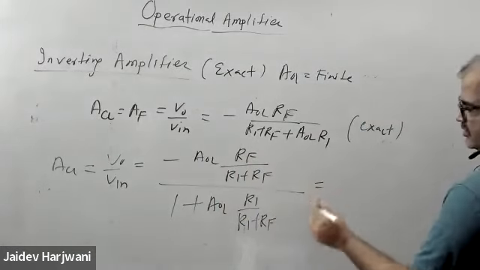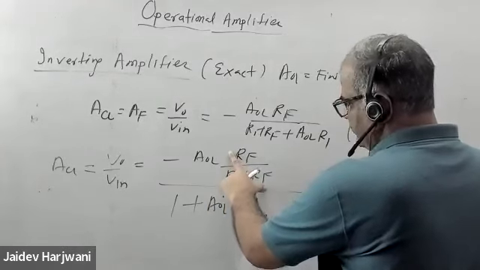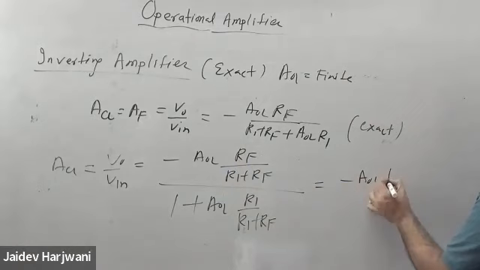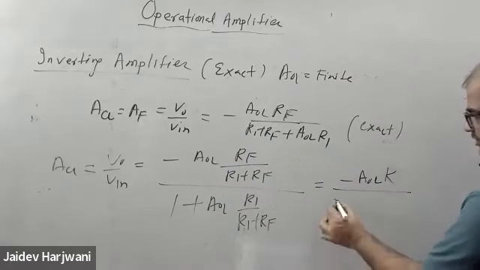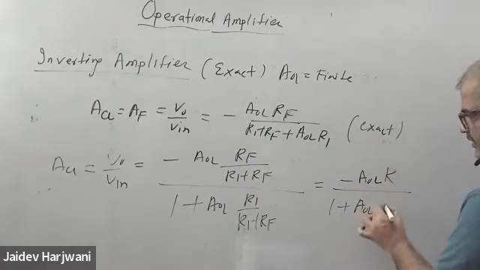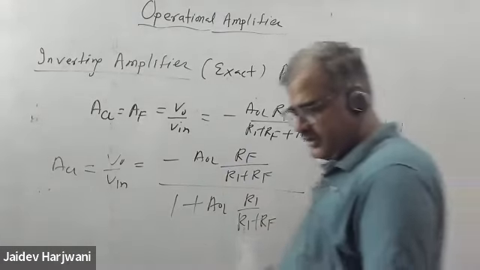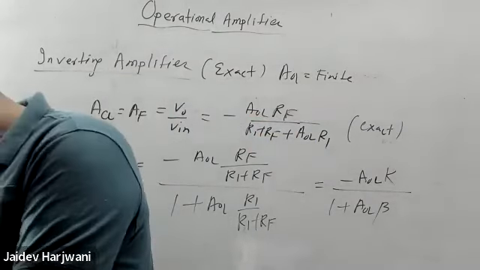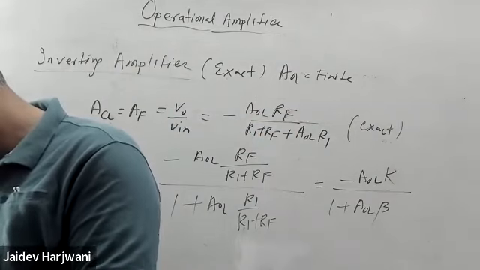So we are applying V input, and this I write as K. I write this as AOL, and this I write as 1 plus AOL, same like beta. So the formula is the same now in terms of beta. So you get K. And K is what? K is called your voltage attenuation factor.